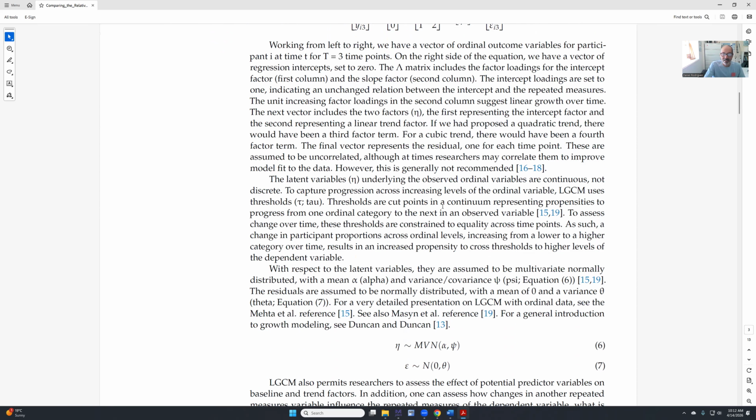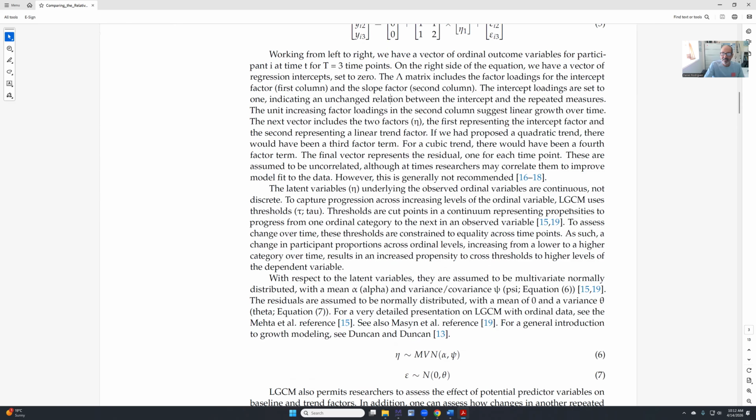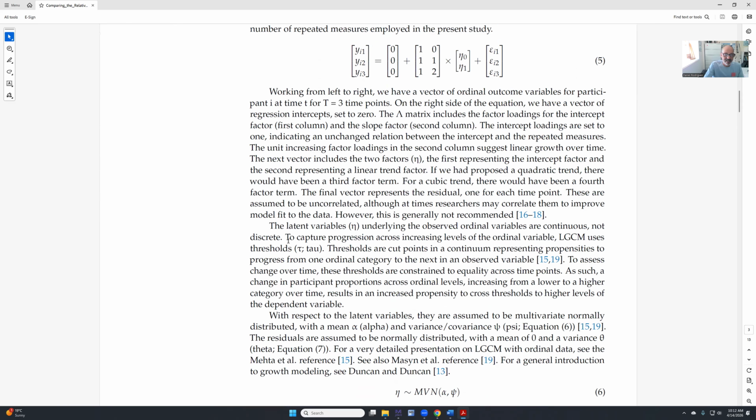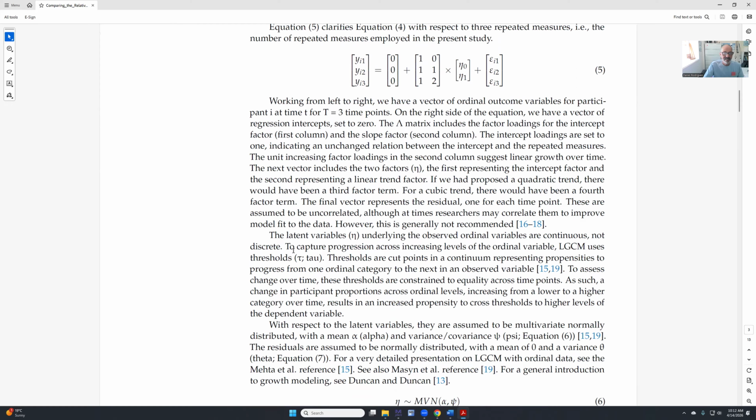The latent variables, we already know that. But an important thing is that latent variables are continuous. When I first learned about this, I unfortunately didn't understand it, so I was talking to people who probably didn't understand it as well. The thinking was, oh no, if it's underlying a categorical observed variable, it's a category, so you can interpret it in the same way you would a categorical variable. But that's not true. The latent variables are continuous.